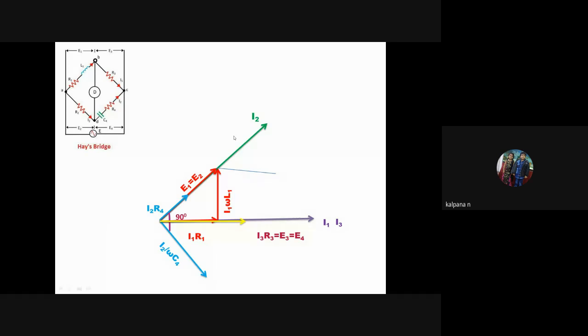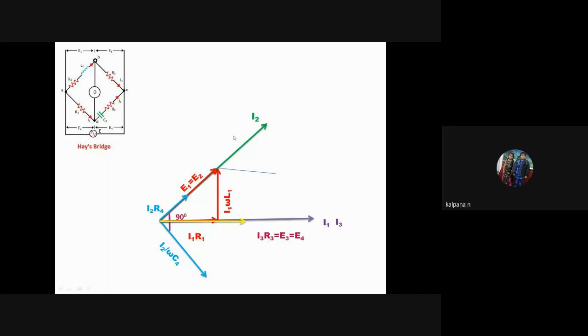So I1 is equal to I3 due to the balance condition, or because both are in series. After that, E3 is also in phase with I3. Why? Because the branch BC has only resistance, so the voltage across it and the current through it should be in phase. So E3 is also drawn along I3.